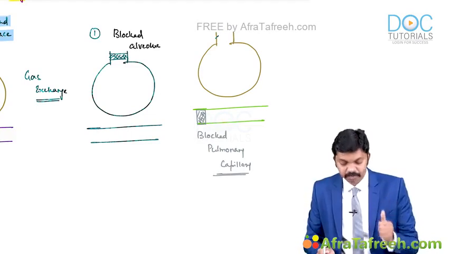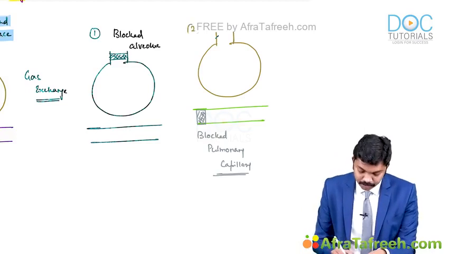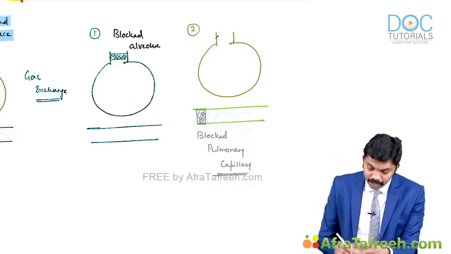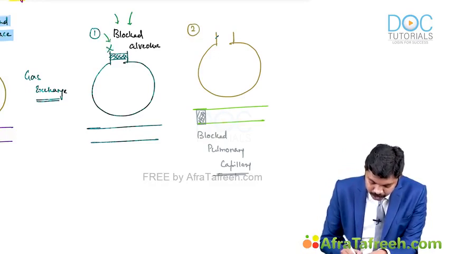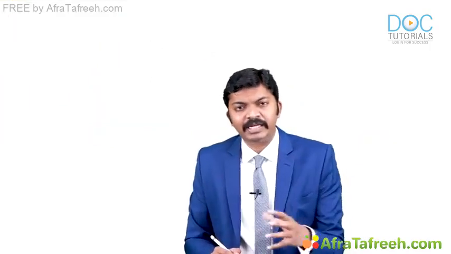Let us take up example number 1, that is a blocked alveolus. In a blocked alveolus, you do not have air entry at all. The alveolus is not going to get any air, doctors. As the alveolus is not even ventilated, as there is no gas available in it, the alveolus does not remain open. You know that, right?